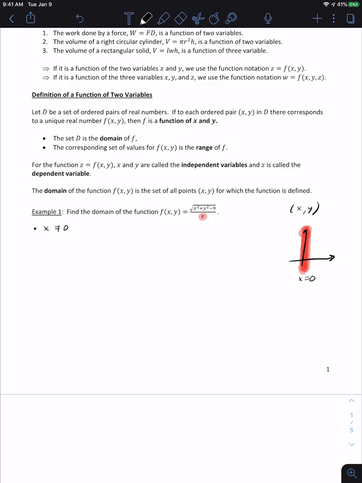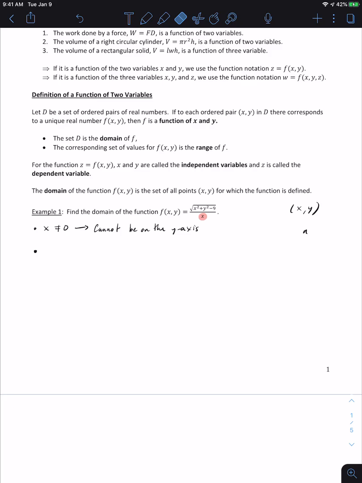So in other words, because I can't have x equal to 0, that means that I can't have any point on the y-axis. So here we cannot be on the y-axis.